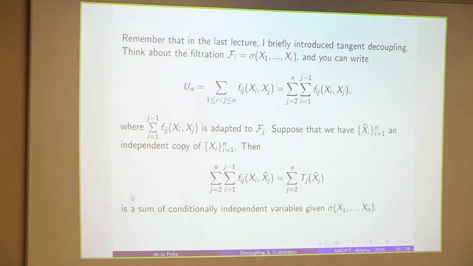And so this allows one, once you have the inequalities, to treat the case of U statistics as if they were sums of independent variables. And then once you use the inequality, everything slices like a cake. You can get the central limit theorem, the law of the iterated logarithm, and convergence theorems using the results for sums of independent variables. So that's the reason why decoupling is helpful.